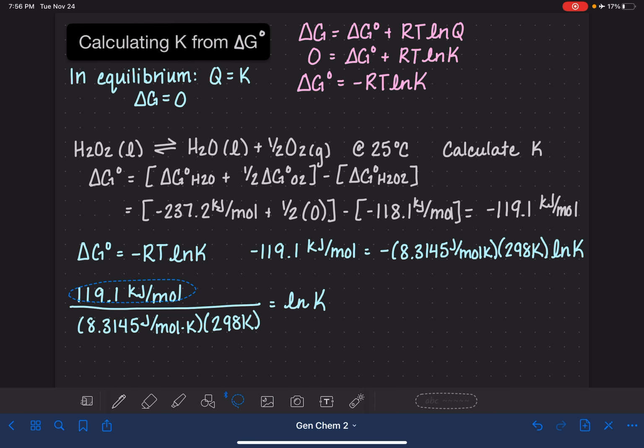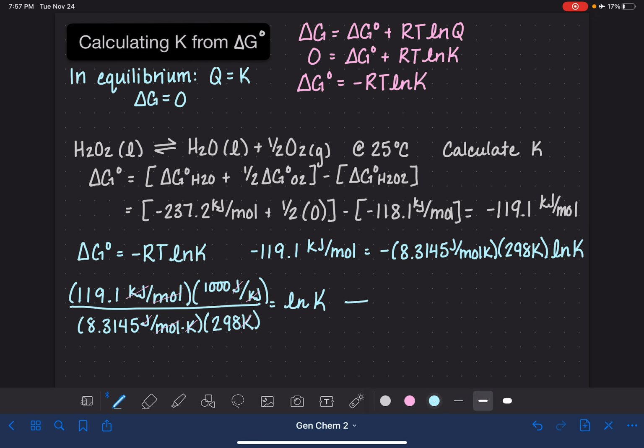So we need to do a kilojoule to joule conversion, and I'm going to squeeze that into the numerator. 1,000 joules is a kilojoule. That is going to take care of all of our unit canceling. Our moles will cancel, our Kelvins will cancel, our kilojoules will cancel, and the joules will cancel as well.